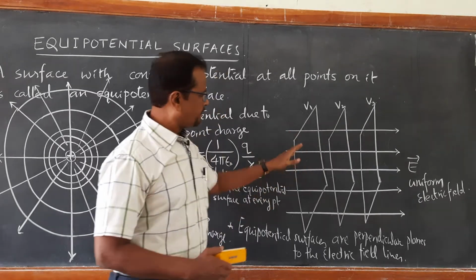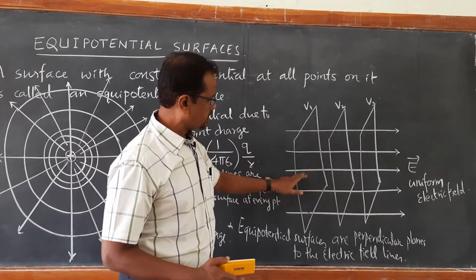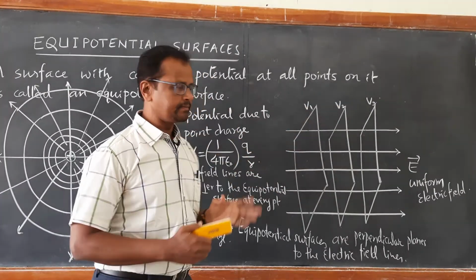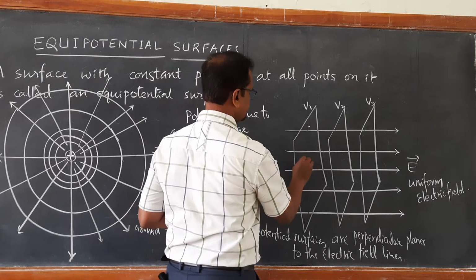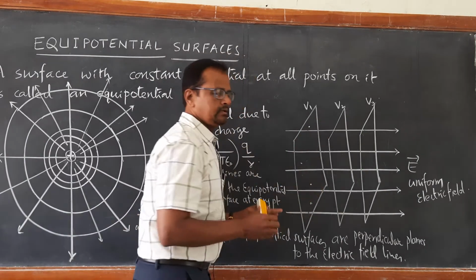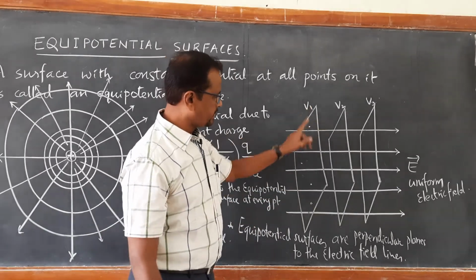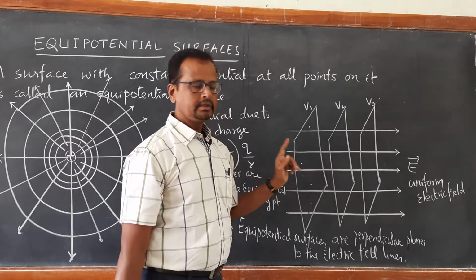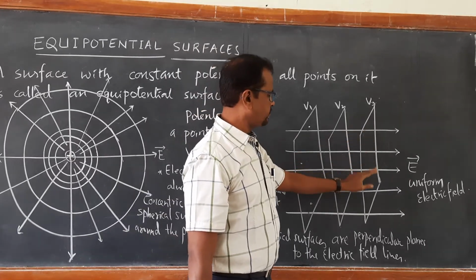Okay. So, at all the points on this surface, the potential value remains the same, whether it is here, here, here or here. Everywhere the potential takes the value V1. If it is here, it will be taking the value V2. If it is here, it will be taking the value V3.